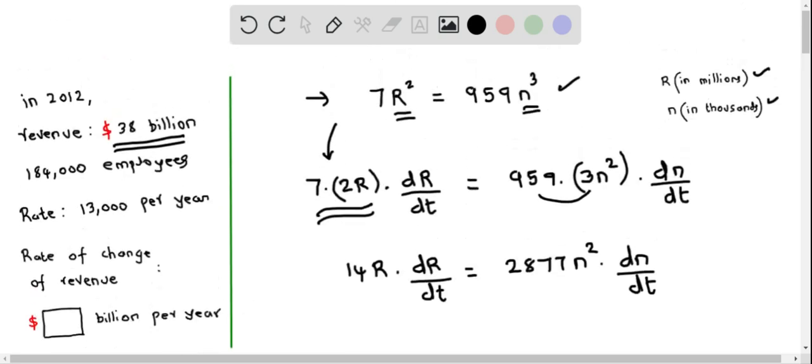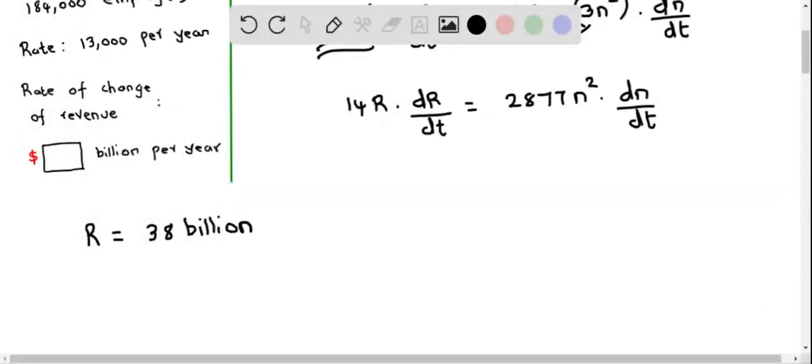We know that 1 billion equals 1000 million.